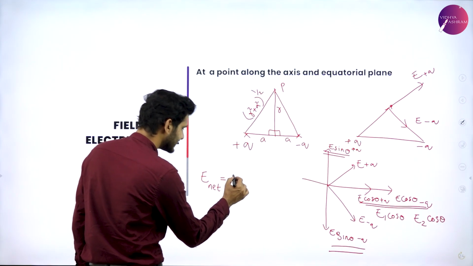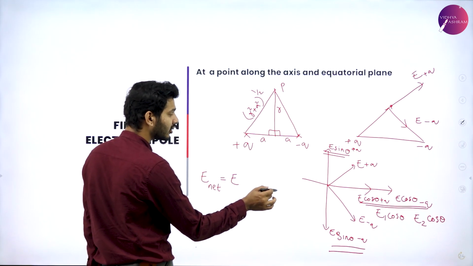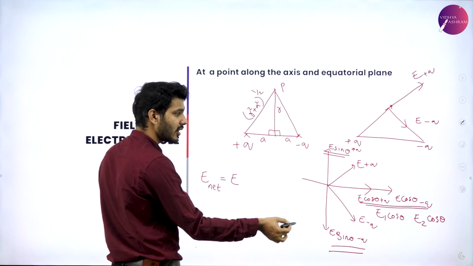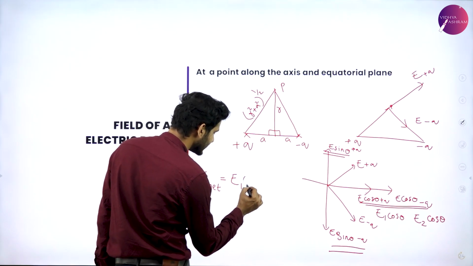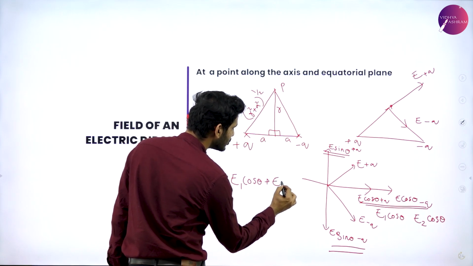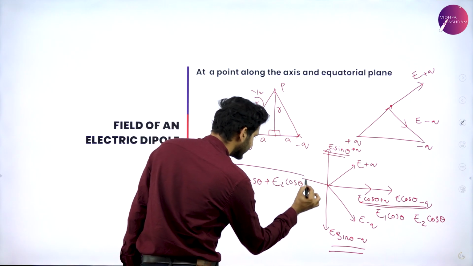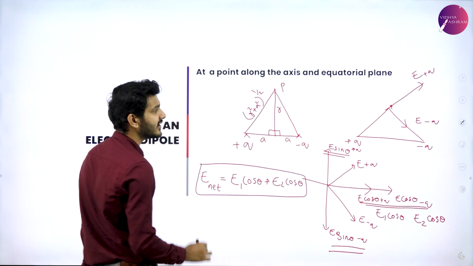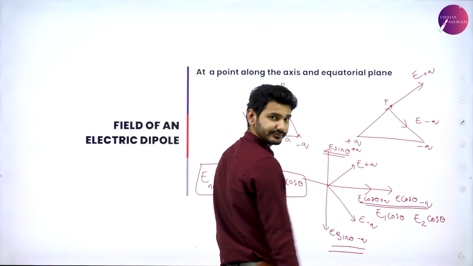So the net electric field at point P can be written as E1 cos theta plus E2 cos theta. So this will be the net electric field that is experienced by point P.